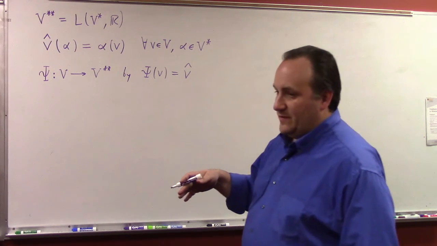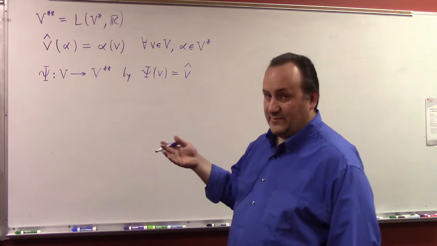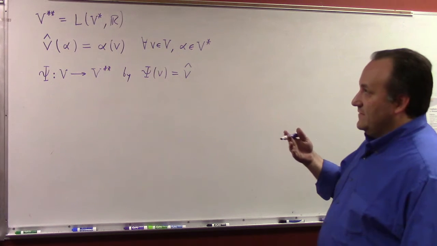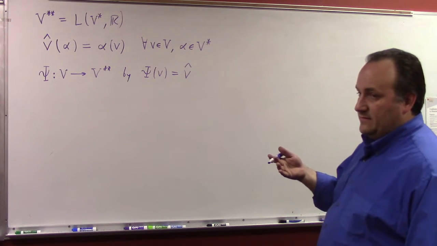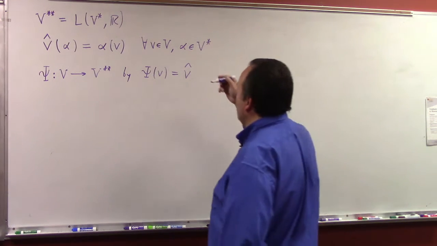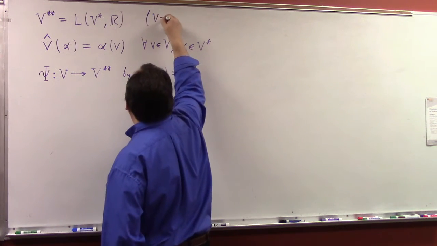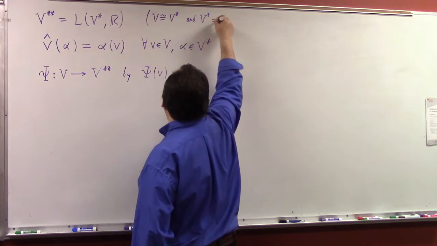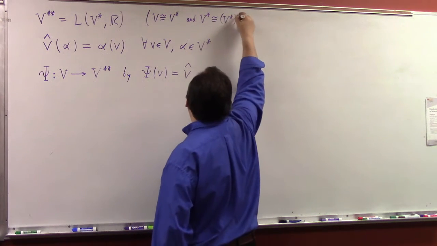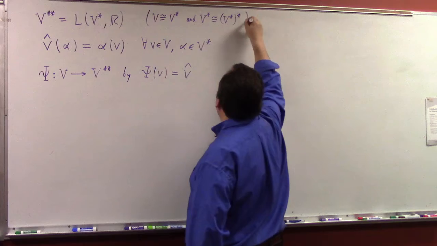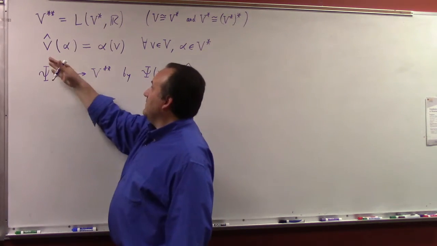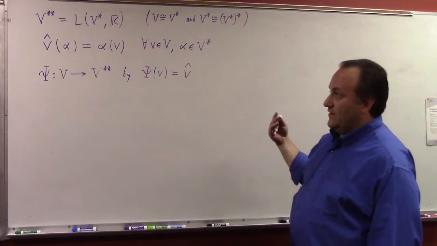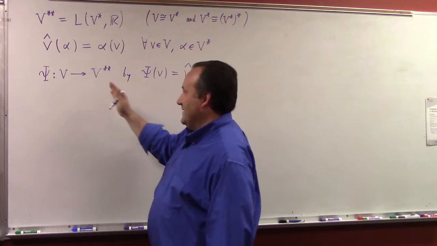We know that a finite dimensional vector space is isomorphic to its dual space, and since the double dual is the dual of the dual, we have that V is isomorphic to V dual, and V dual is isomorphic to V double dual. So by transitivity of isomorphism, we know that V is isomorphic to V double dual. But on the other hand, we also have this canonical isomorphism, namely the hat.